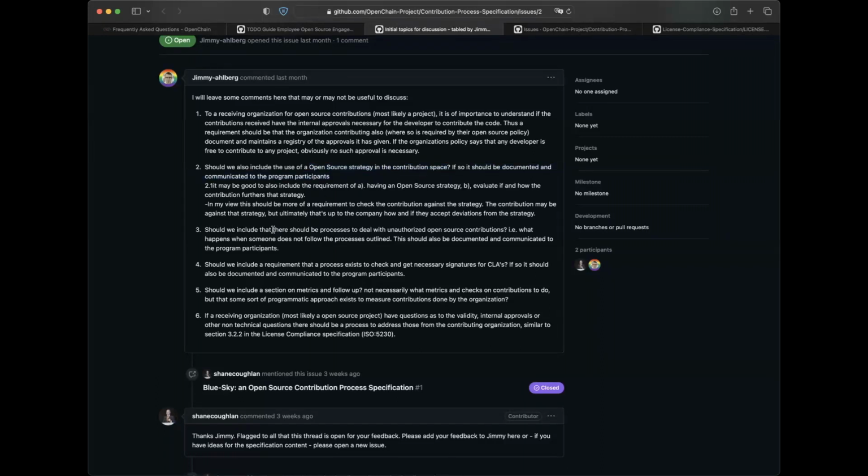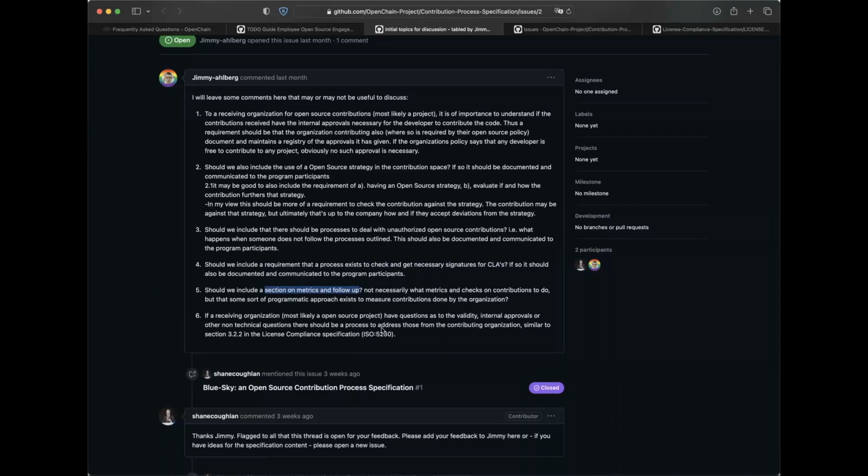Should we include processes to deal with unauthorized code contributions? Should we include requirement that processes check for things like CLAs? Where's the copyright going? Is it going somewhere wrong? Should there be metrics and follow-up to see if contribution is meeting goals or contravening them?